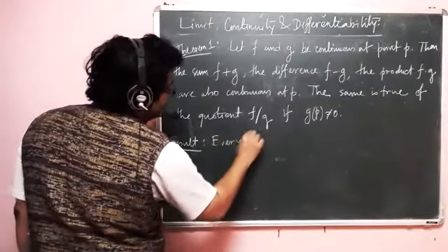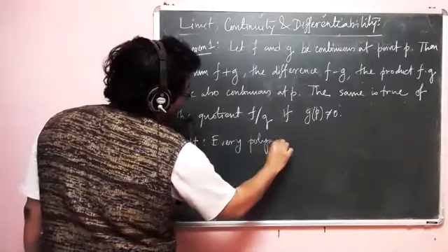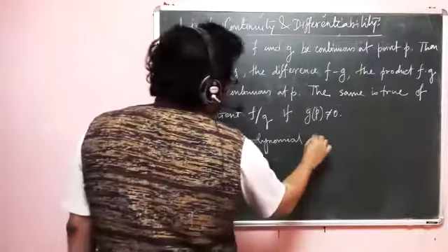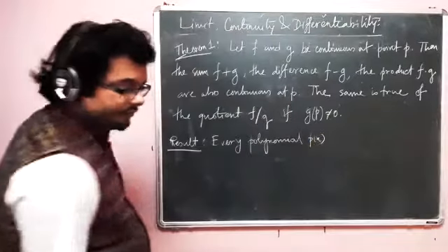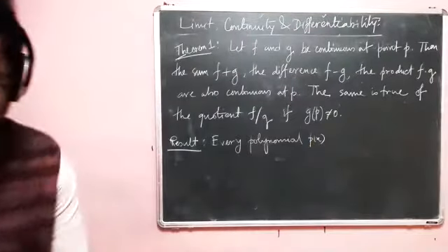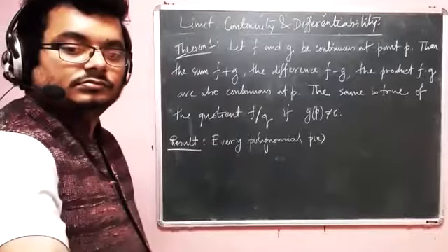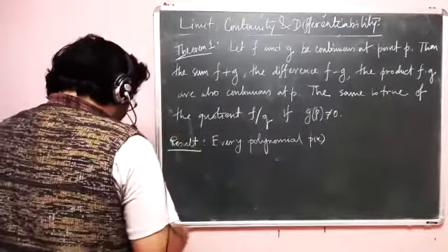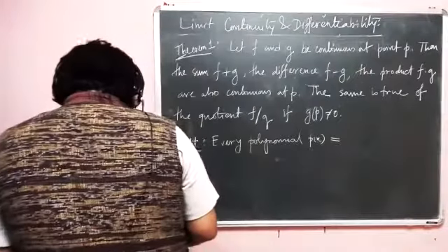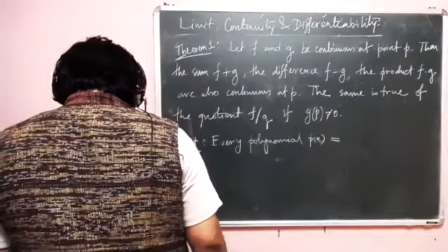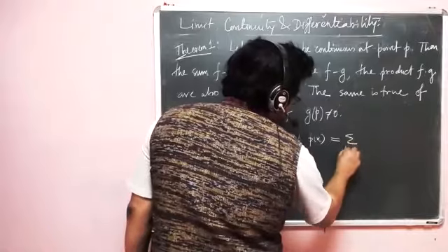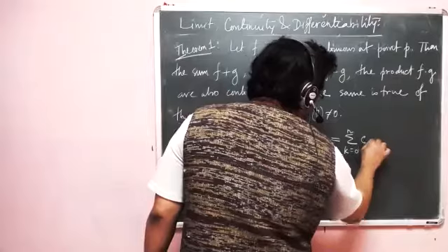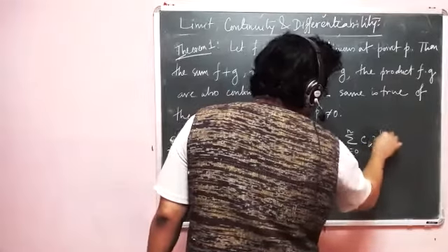Every polynomial p(x), so we'll write a polynomial in the smallest possible abbreviation, p(x) equals the sum over k running from 0 to n of c_k x to the power k.